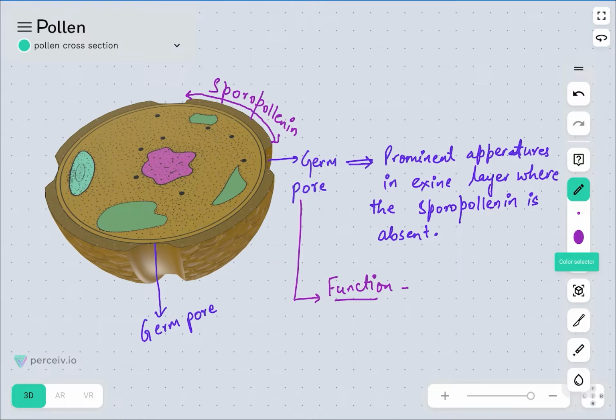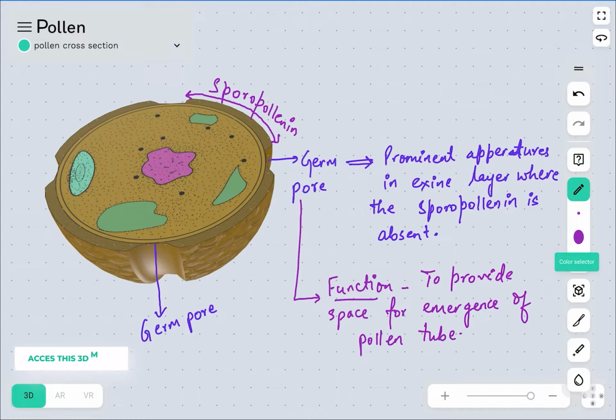That's why sporopollenin is absent where the germ pores are present. So the function is to provide space for emergence of the pollen tube. Alright, so this was about the germ pore.